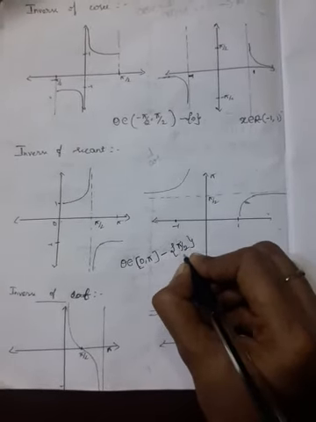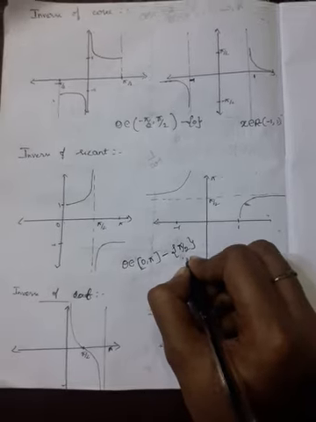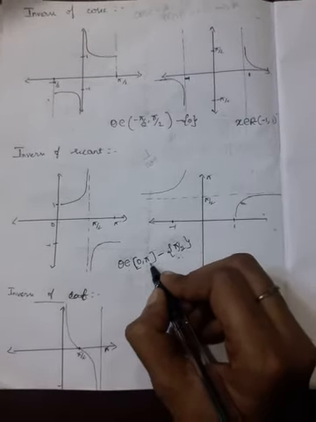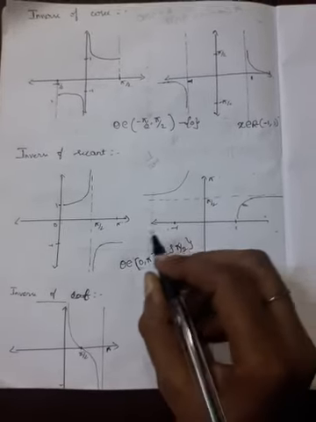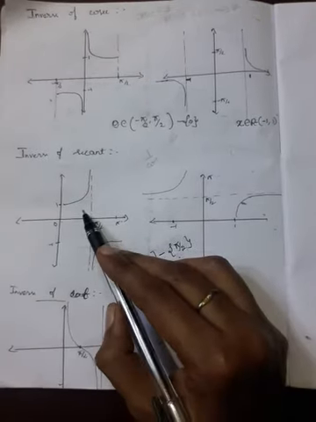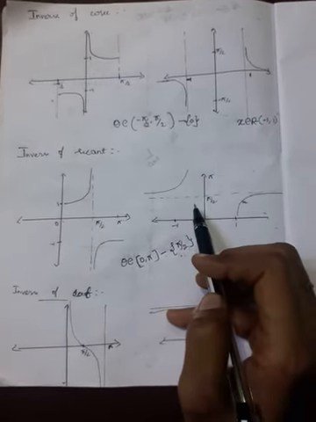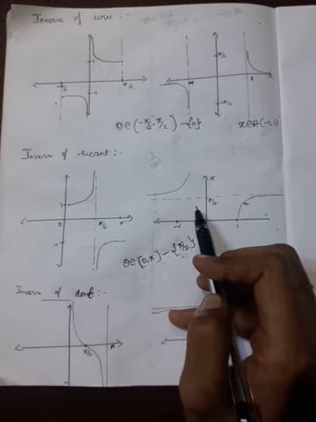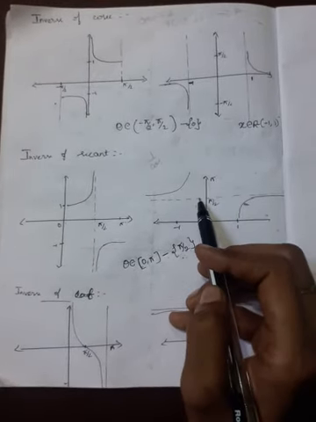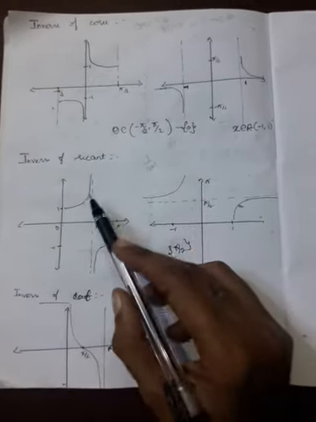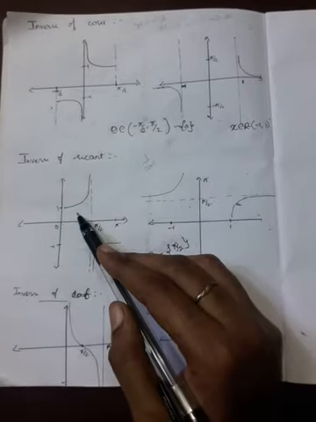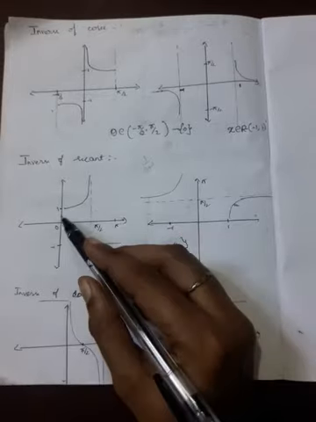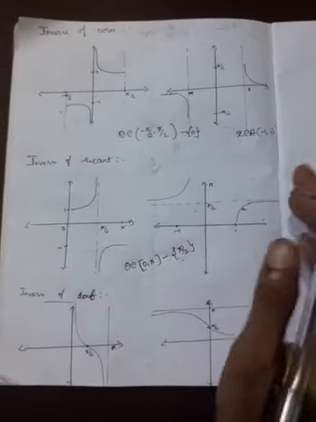At pi by 2 it doesn't exist. It is our domain in secant and it is a codomain or principal value branch in our inverse of secant. What is the value of x? Similar to this one, x is the whole real number except minus 1 and 1. In minus 1 to 1 the function doesn't exist.